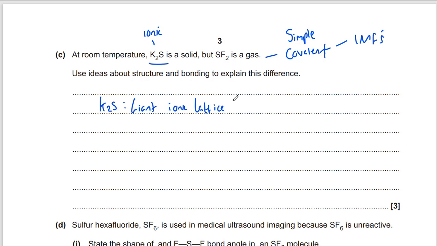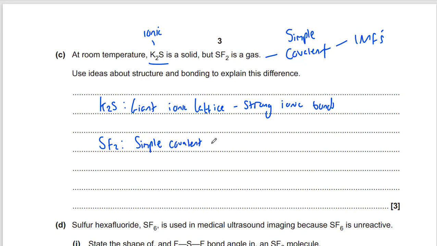Or strong ionic bonds is also good enough. As long as you talk about the structure, that's the main thing. And then you talk about SF2, simple covalent. Now, of course, when you say simple covalent, a bit of exam technique here, you need to talk about the forces.